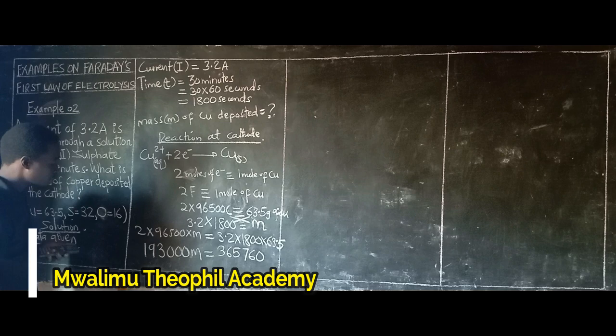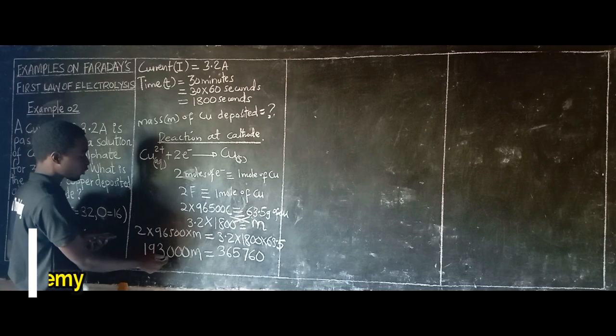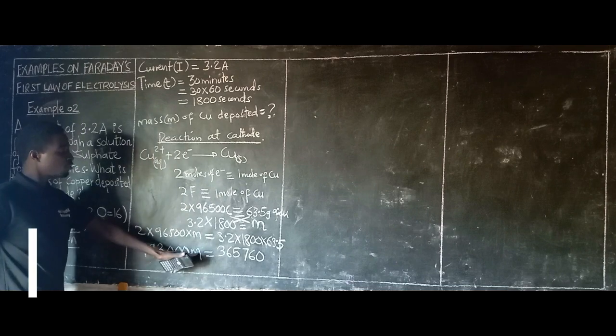After obtaining this, what is next is to divide both sides by 193,000 so as to remain with m.